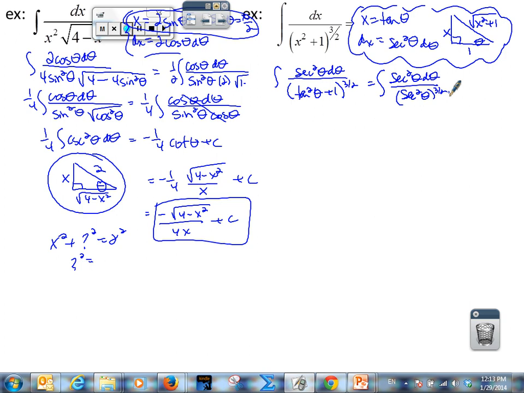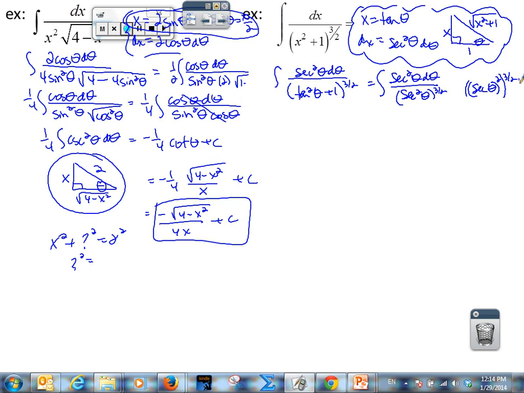Now let's talk about the 3/2. That was troubling some people earlier today. I'm going to write it in exponential notation, so perhaps that will make more sense. This is just a side note. This can also be written as secant squared, right? That part, secant squared. I'm raising that to the 3/2 power.